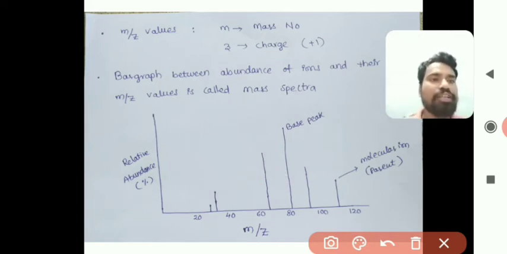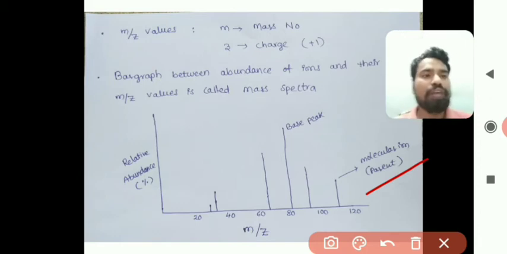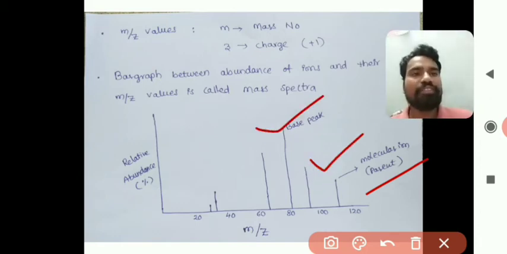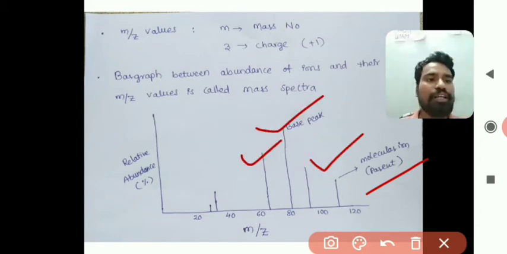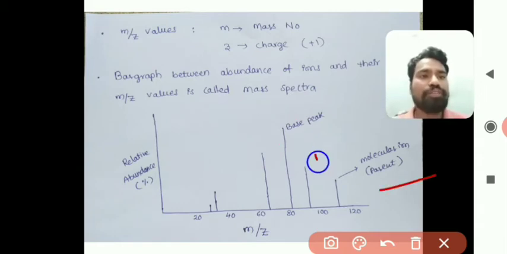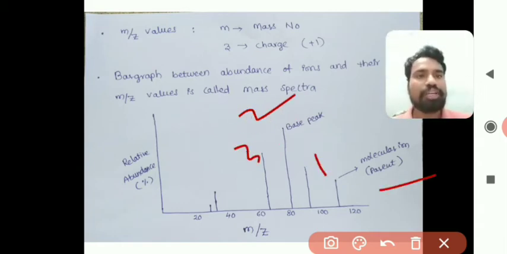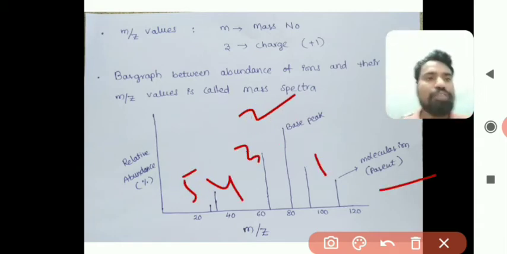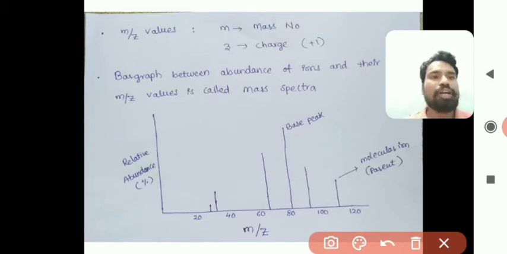Like this the fragmentation process takes place. Based on the number of ions formed in the fragmentation process, those peaks would be there in the mass spectra.